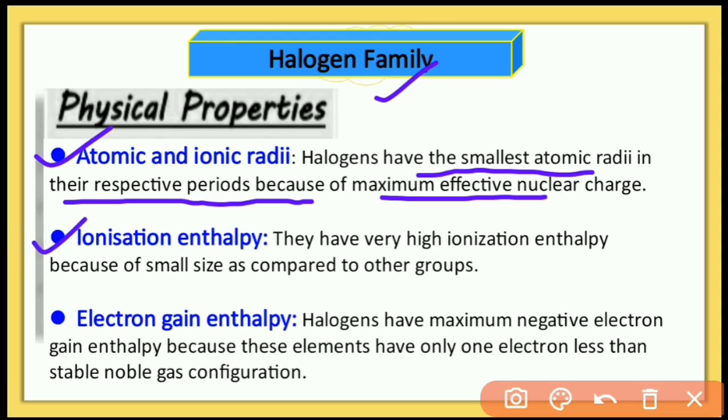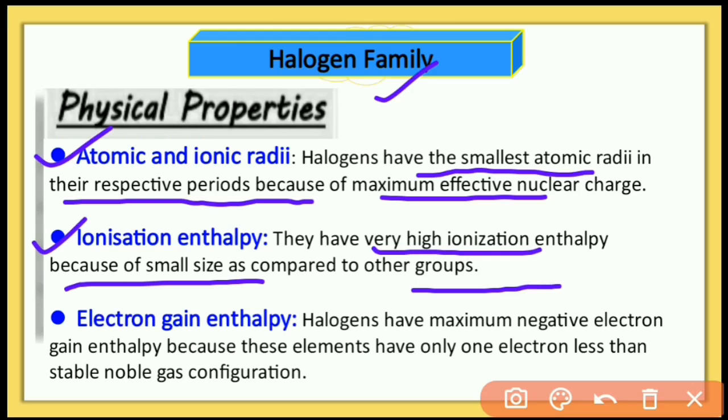Next, ionization enthalpy. They have very high ionization enthalpy due to smaller size as compared to other groups. We know that in a period when we move from left to right, atomic size decreases due to increasing effective nuclear charge.